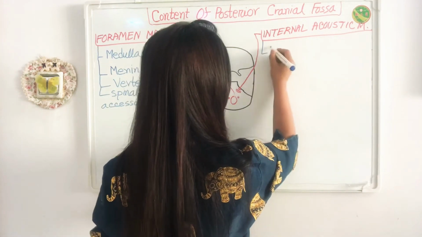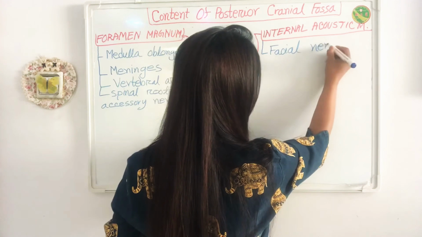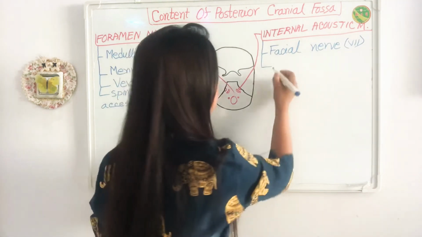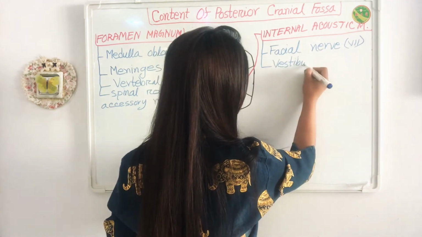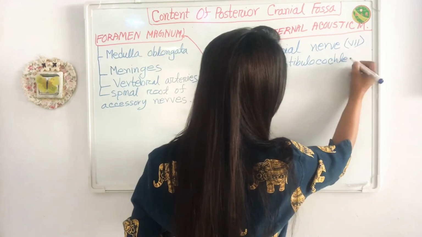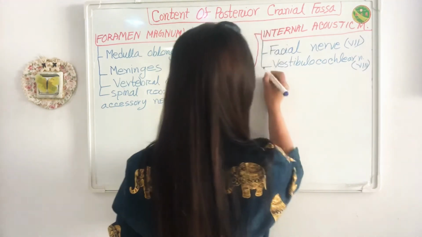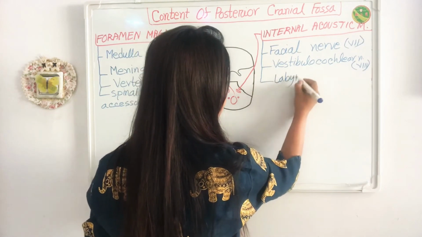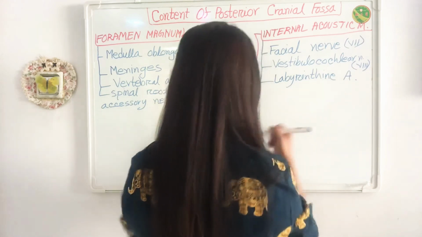Our 7th cranial nerve is the facial nerve, and the 8th cranial nerve is the vestibulocochlear nerve, and one artery, the labyrinthine artery.